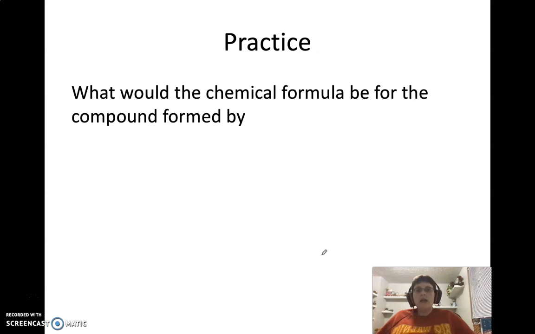So let's take a little bit of practice on these. Again, I'm not asking for the names, I'm just asking you to work on the formulas. You're going to look up what we just saw, that potassium is +1.